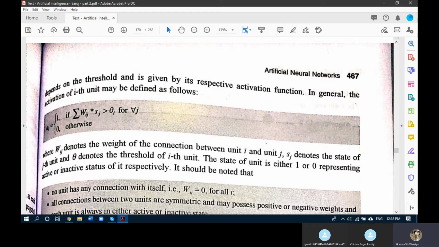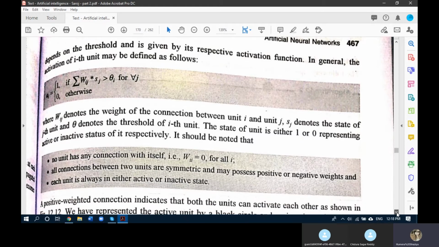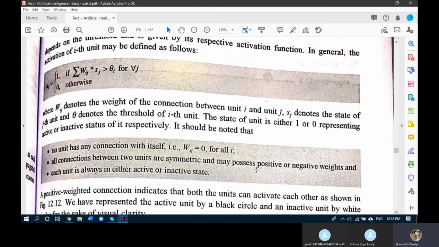It can be any value. Otherwise 0 means it is inactive. So wij is the weight of the connection, sj is the state of the jth unit, sj means not ith, jth state, and theta is threshold of the ith unit, and state 1 means active and 0 means inactive.